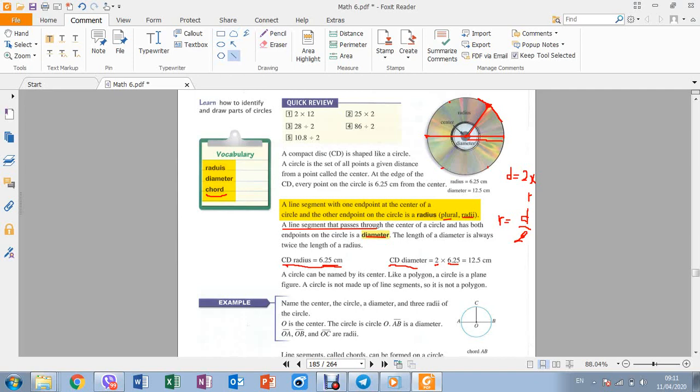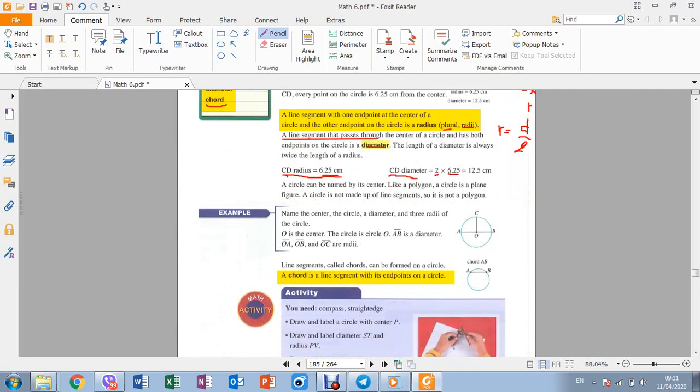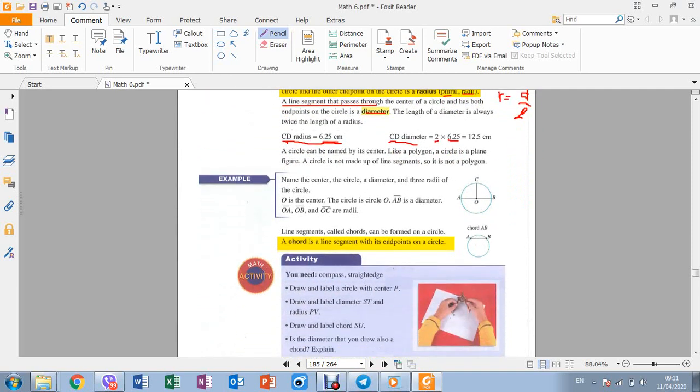It has two endpoints on the edge of the circle, one endpoint here and the other there, but it doesn't pass through the center. So this is called a chord.